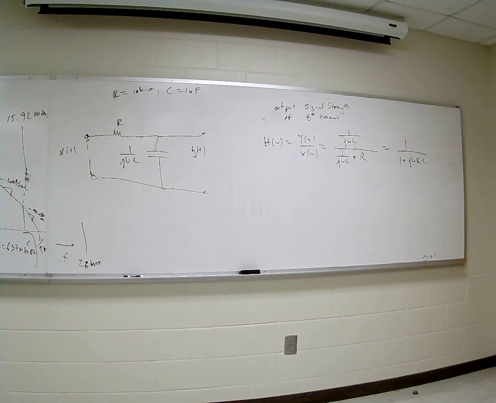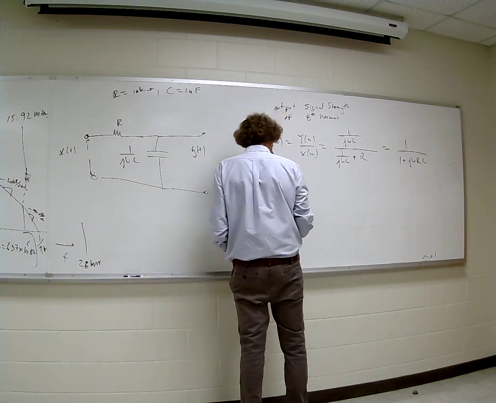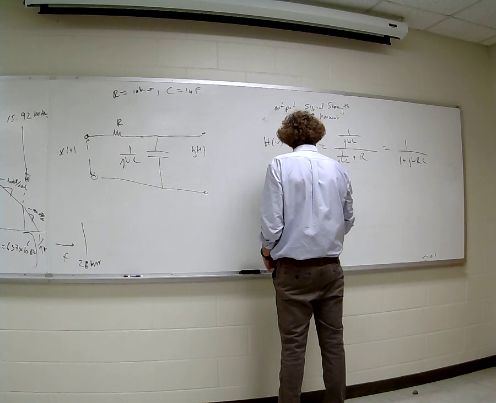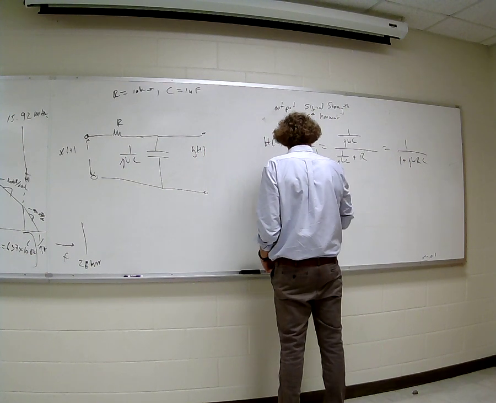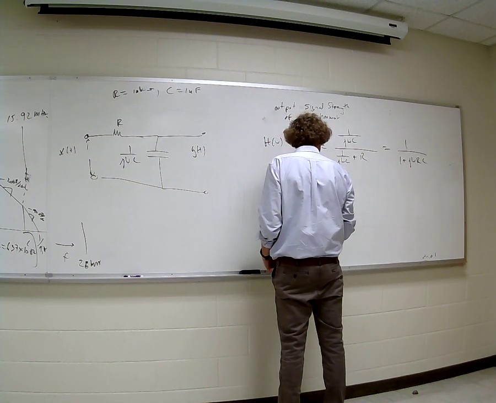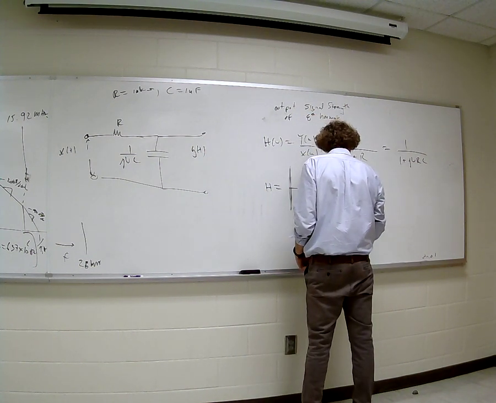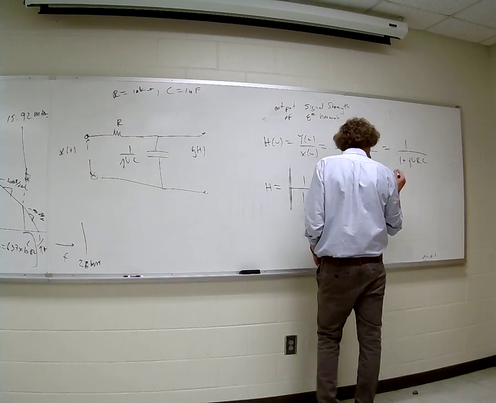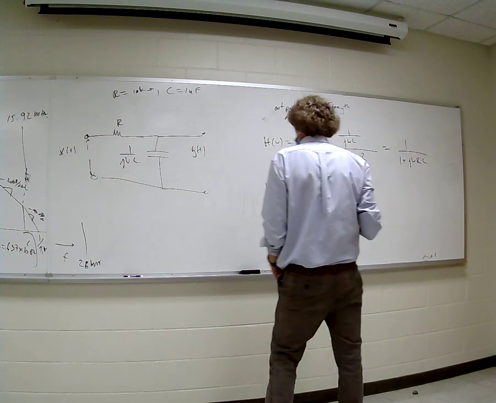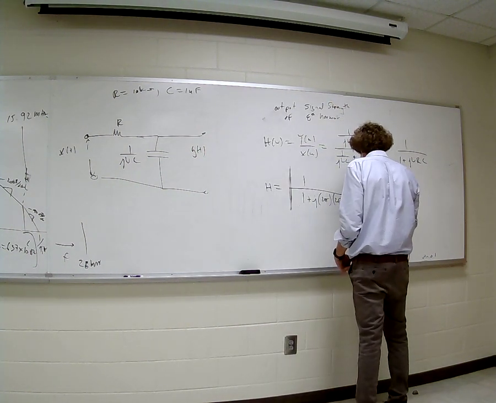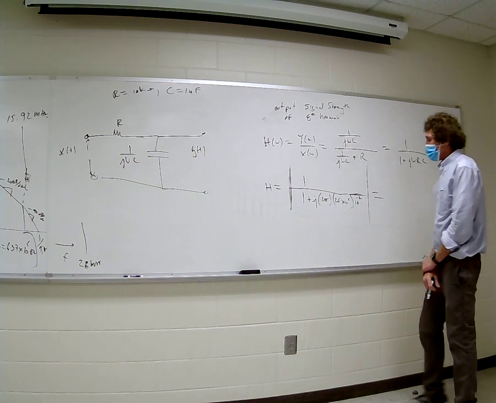So now I have to say H will be equal to, and this is at the upper frequency, I'm going to need your help, William, 1 over, and do me a favor, get the magnitude of this whole thing. 1 over the magnitude of 1 plus j times 2 pi times 25 times 10 to the 6, 25 megahertz, times R times C. Well, R is 10 to the 4th, C is 10 to the minus 6, so that's 10 to the minus 2, isn't it? And I need the magnitude of that. And what do you get for that?